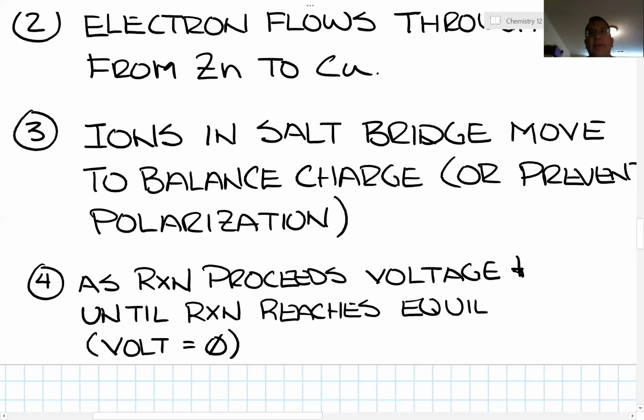So when your cell phone dies or when you run out of charge, it doesn't mean that there's no more chemicals in your battery. What it means is that the reaction going on in your battery has reached equilibrium. And this is why the voltage decreases or goes to 0.